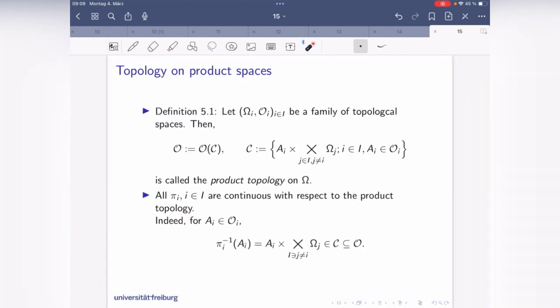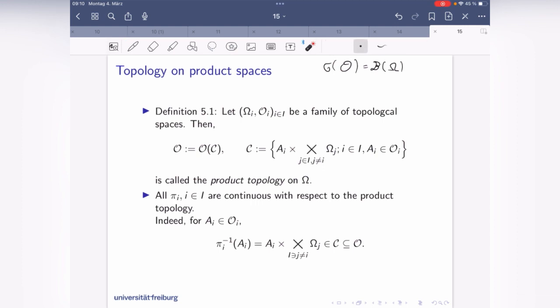So first, we had that sigma algebras are usually constructed from topologies. That's where we had the Borel sigma algebra. So we had, if O is a topology and sigma of O, that's the sigma algebra generated by the topology, that's what we usually then called the Borel sigma algebra on our space omega.